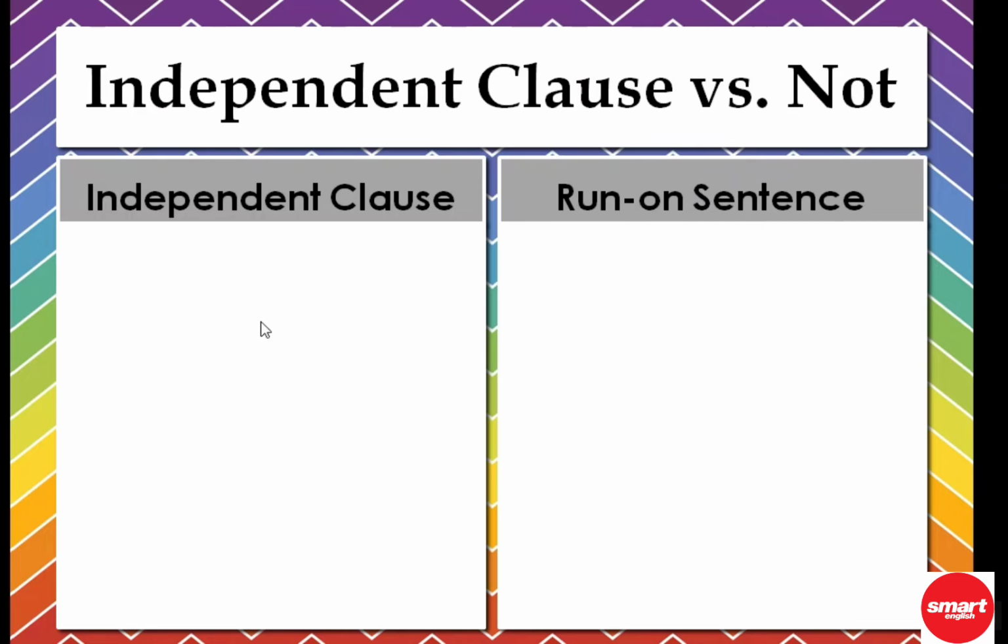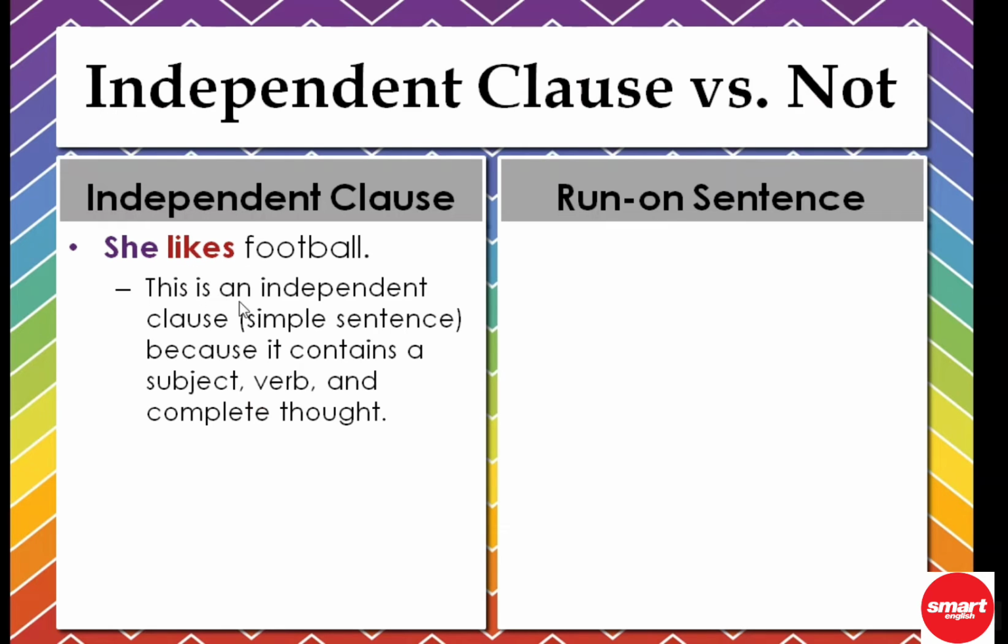Let's move to the difference between the independent clause and the run-on sentence. Independent clause: she likes football. Here we have the subject she, the complete predicate likes football, or the simple predicate, which is the verb likes. This is an independent clause because it is a simple sentence and it can stand alone, so it represents a complete thought.